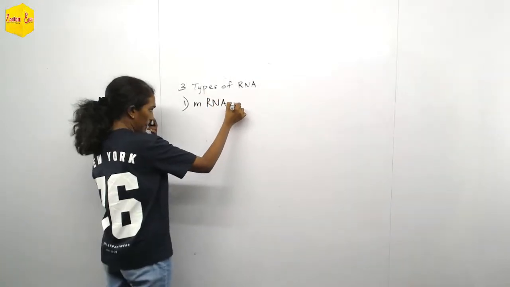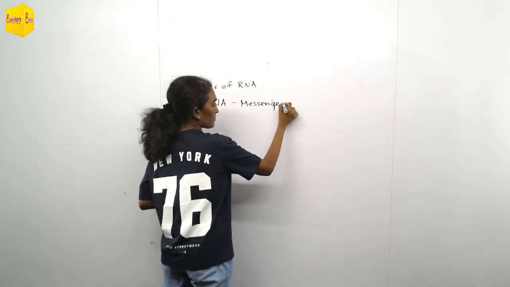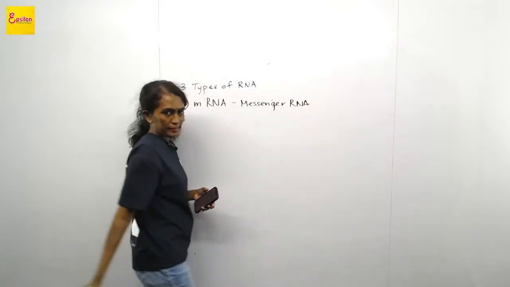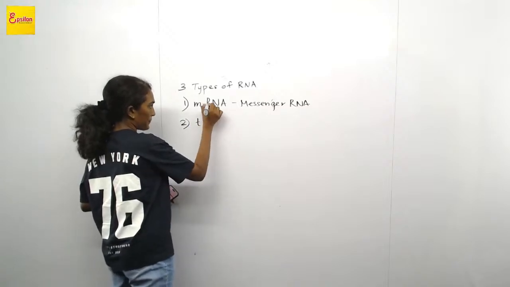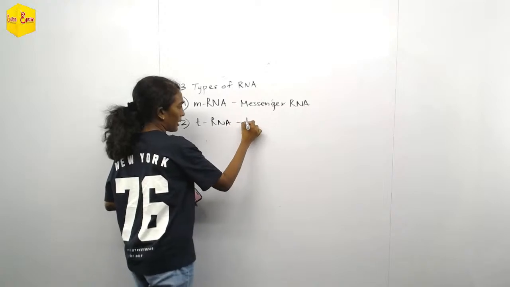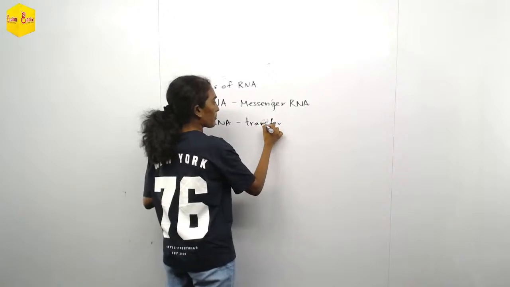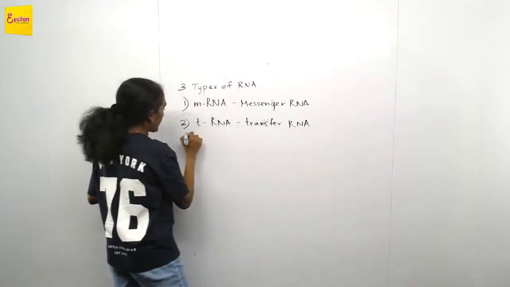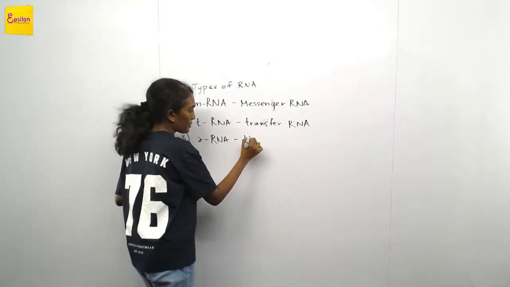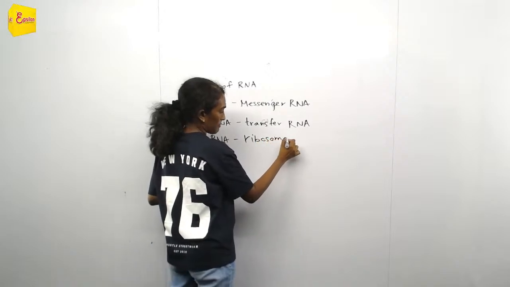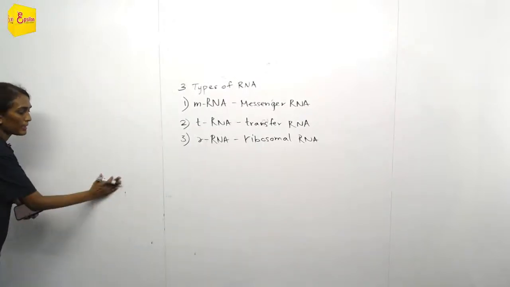What is the long term? Messenger RNA. Correct? Number two, tRNA, transfer RNA. Number three, rRNA, that is ribosomal RNA. Got it?